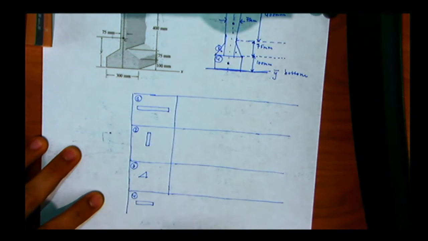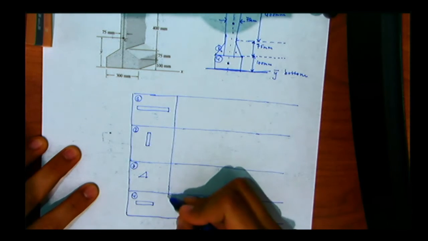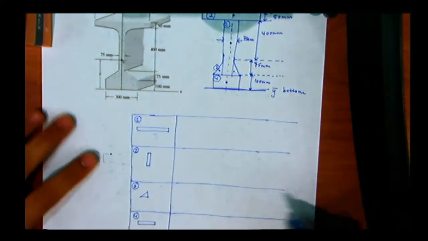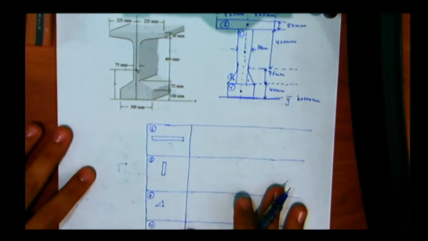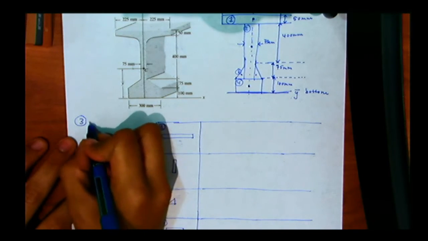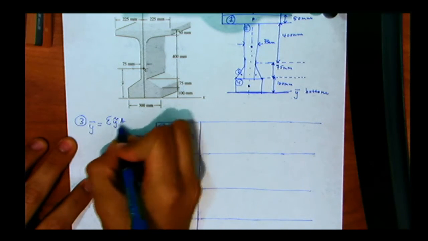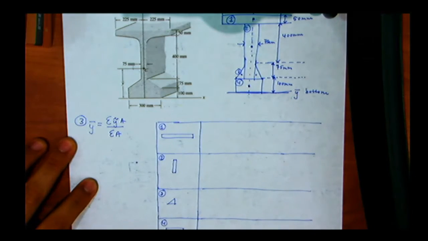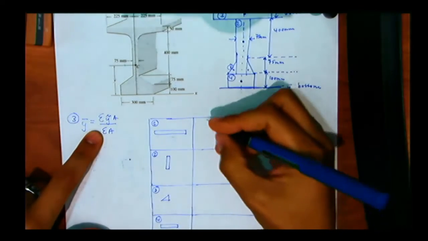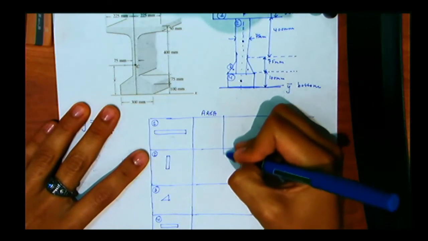The reason I'm making this box is because we know the equation for this centroid is going to be this, right? So I like to put this in parts. I like to have area as a whole separate line, and I'm going to need my summation of area at the end.